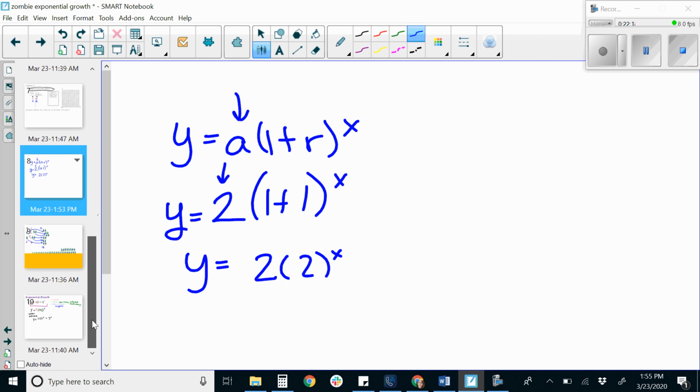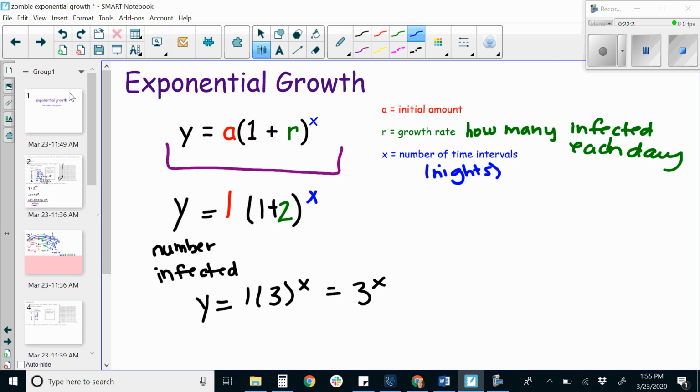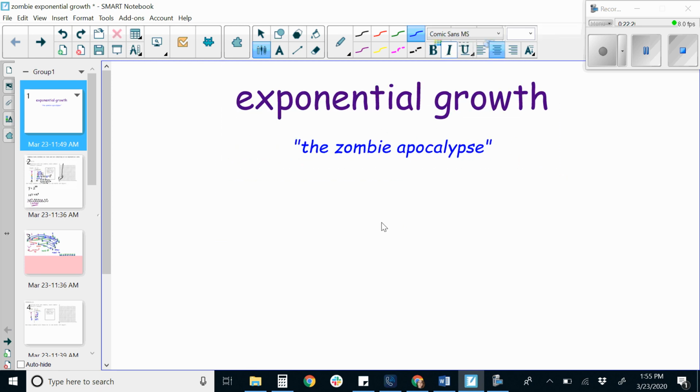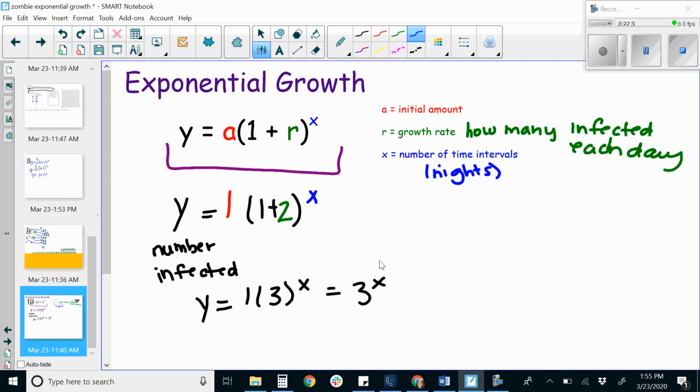All right, so to recap what we've looked at, we're looking at exponential growth in terms of a zombie apocalypse. Your equation for that looks like this.